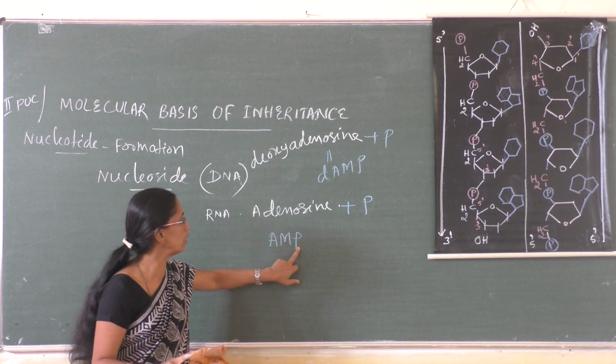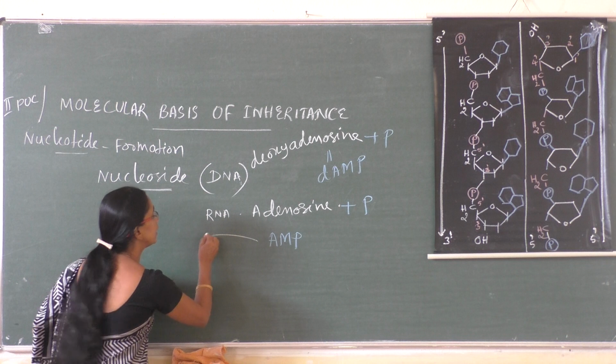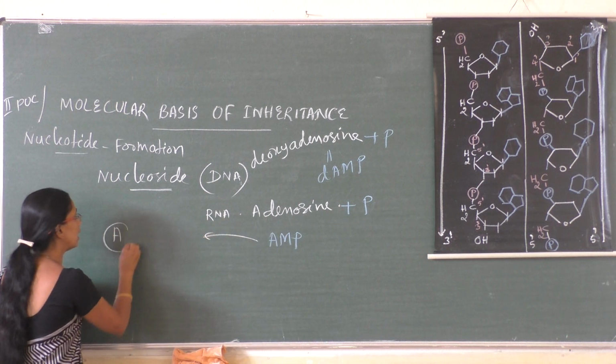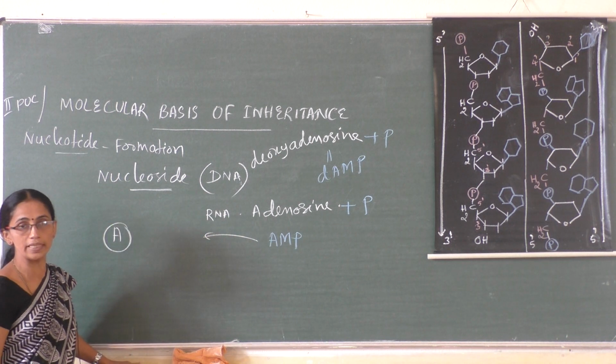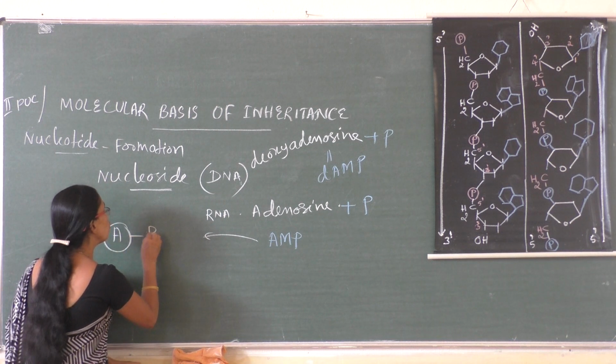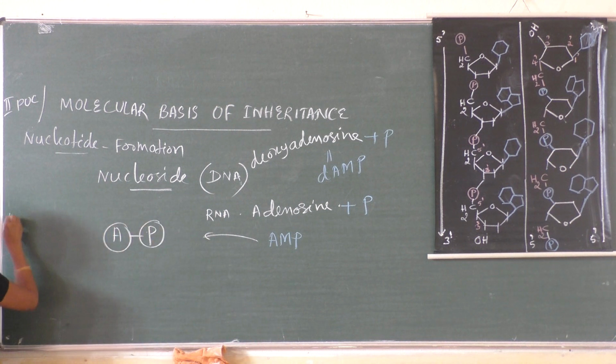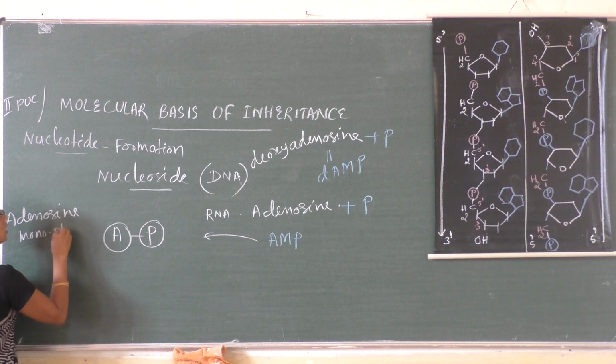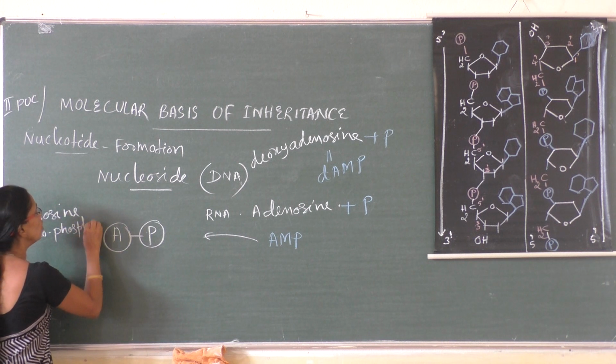Now I will mark adenosine as A. This is adenosine, not adenine, adenosine. To that adenosine, when one phosphate is attached, we say adenosine monophosphate.